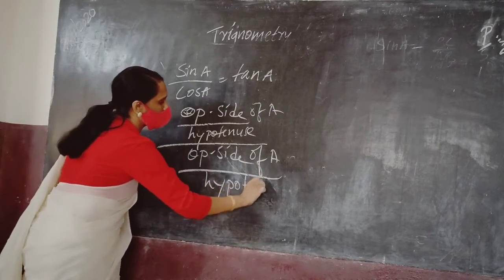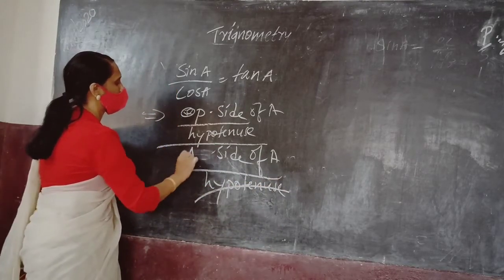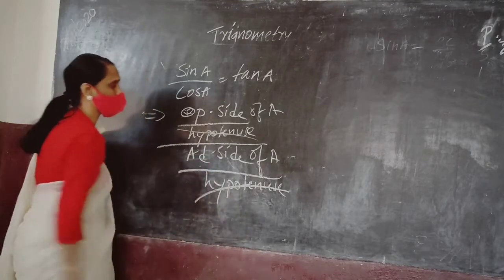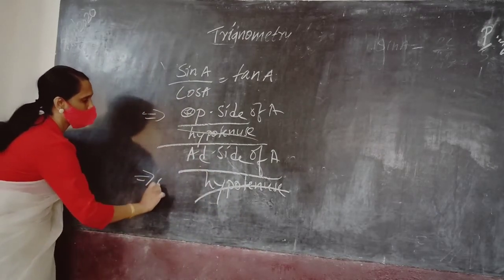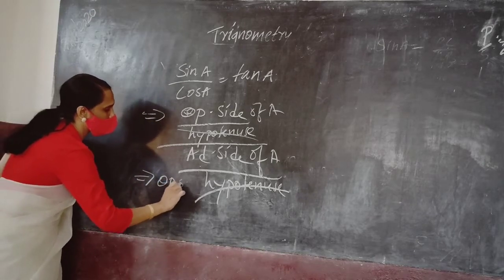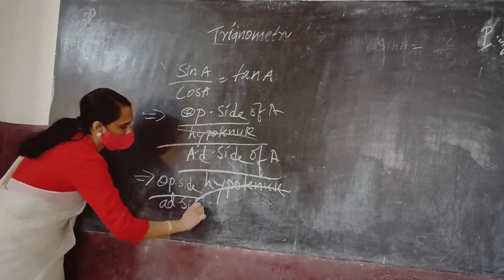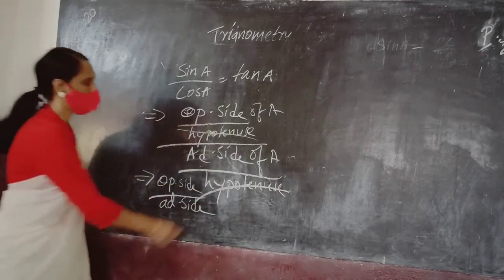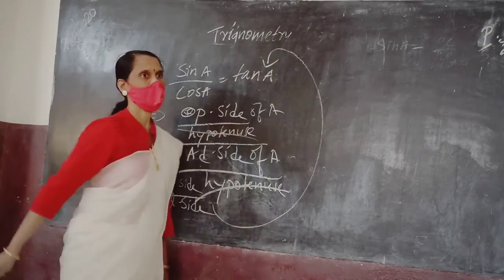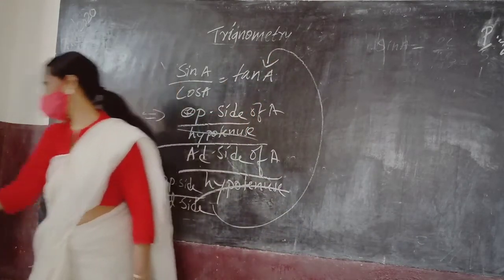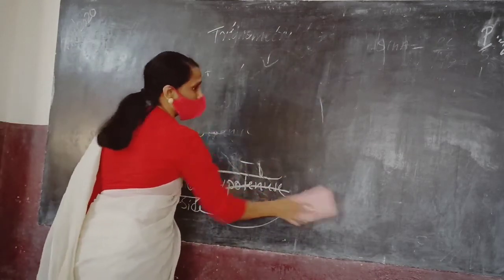The hypotenuse gets cancelled. So it implies opposite side by adjacent side. What is opposite side by adjacent side? That is tan theta, because the tan theta formula is opposite side by adjacent side. So you got this part, I think. Got it?